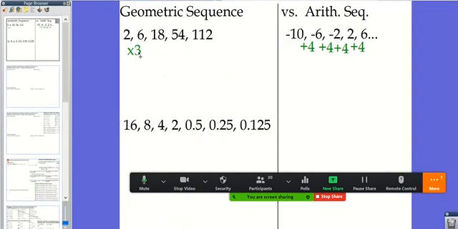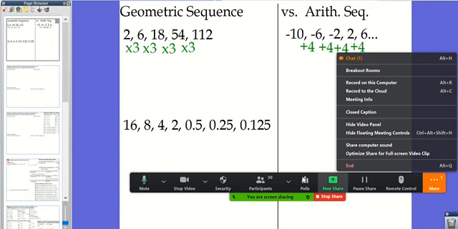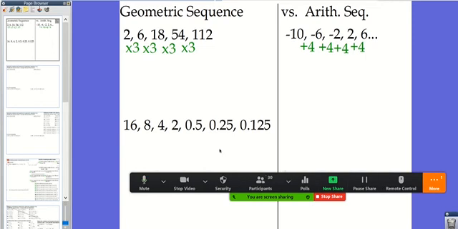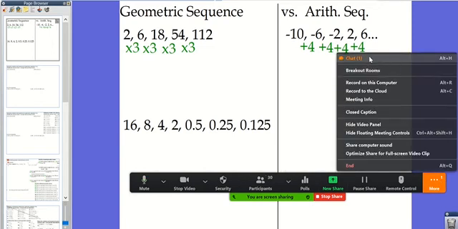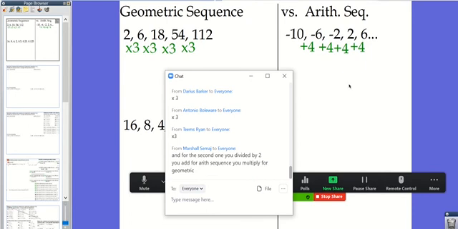So if you were to sum up, shoot me a message in the chat. If you were to tell me the difference between geometric sequence and arithmetic sequence, if you were to tell a younger sibling, how would you give them one sentence? Shoot me a one-liner. That's exactly right.